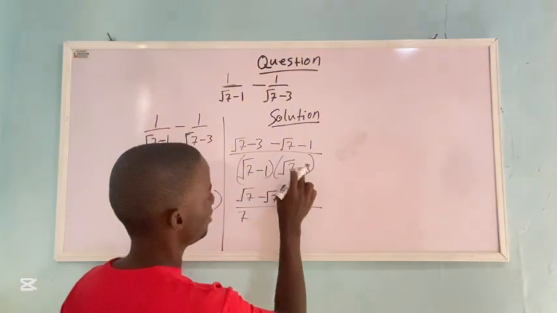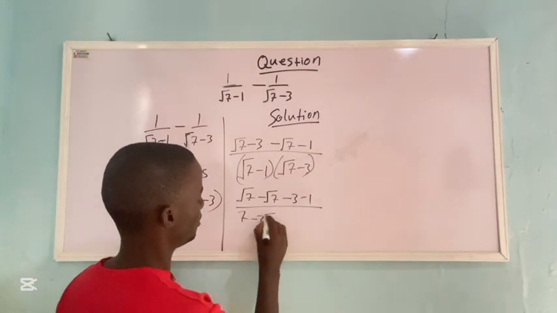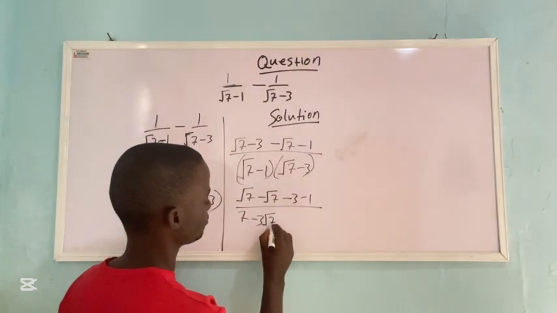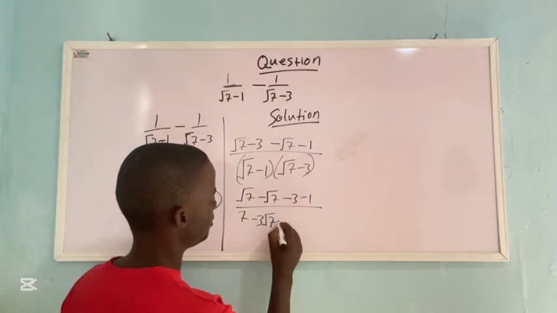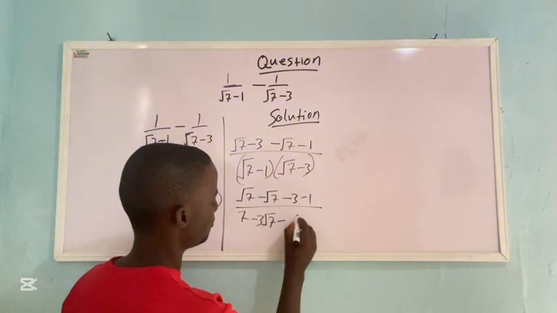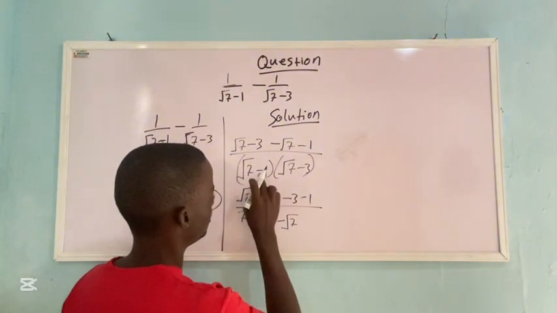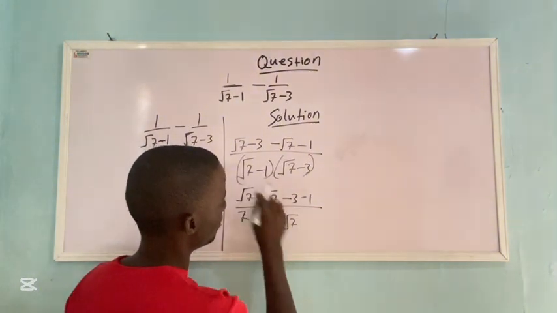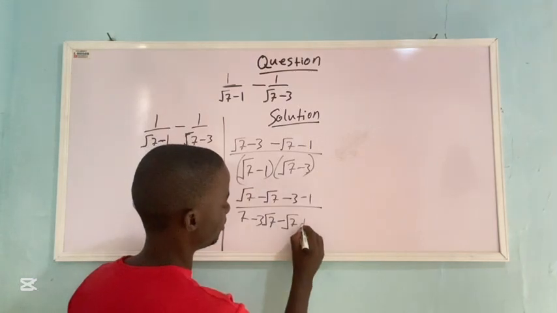Then root 7 times minus 3, we have minus 3 root 7. Minus 1 times root 7, we have minus root 7. Minus 1 times minus 3, we have plus 3.